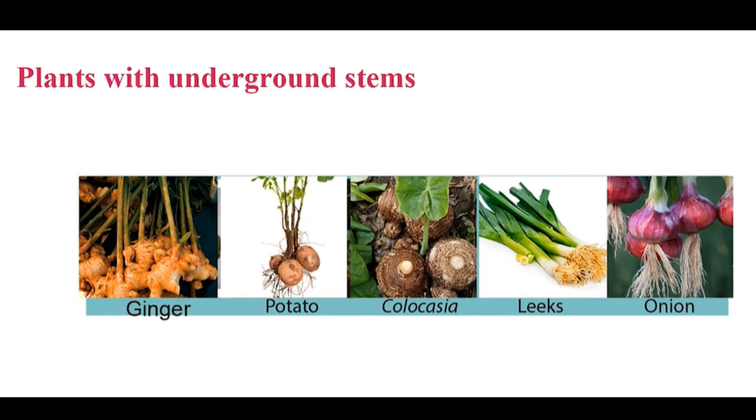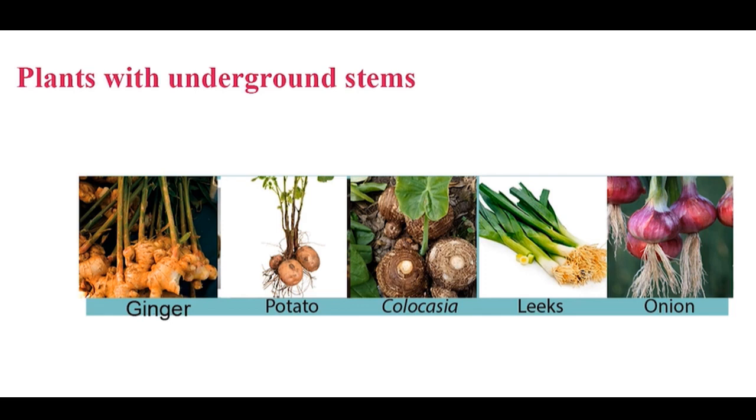Look at these examples. Ginger, potato, colocasia, leeks. Leeks, you all know, right? Onion. They all come under underground stems. Okay, children? So what do we see here as a stem? We will take the leeks plant. We can see a stem-like structure. What is that?